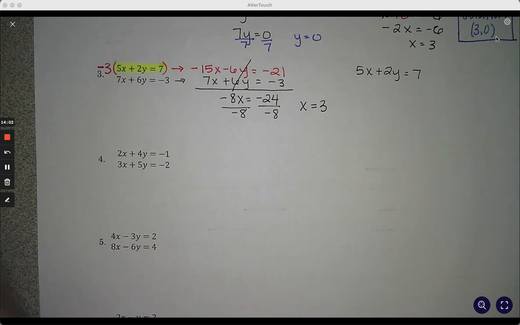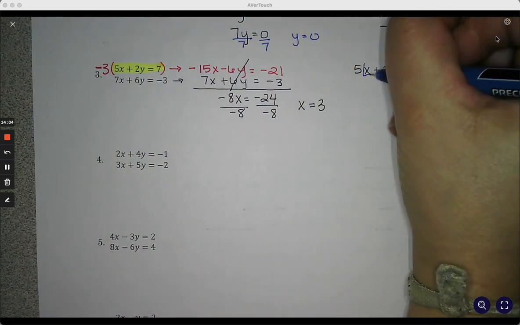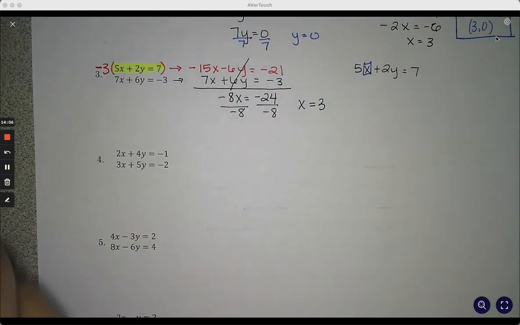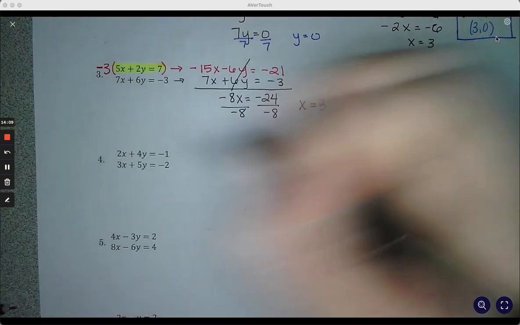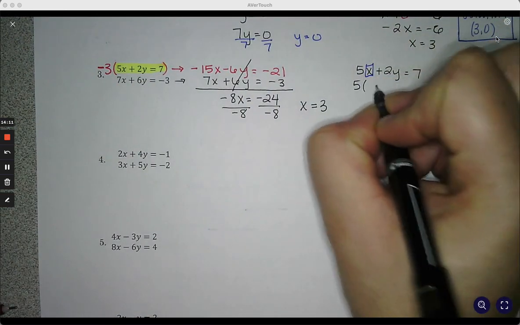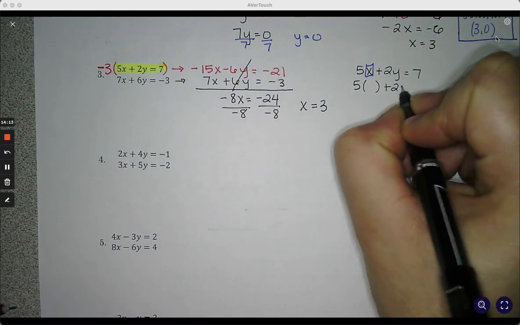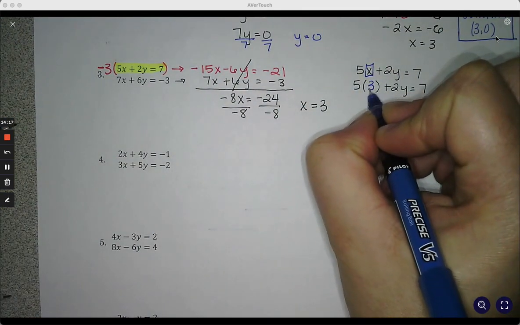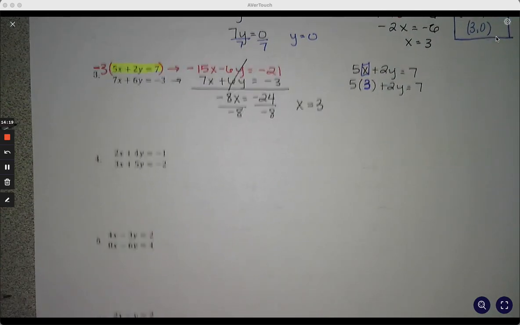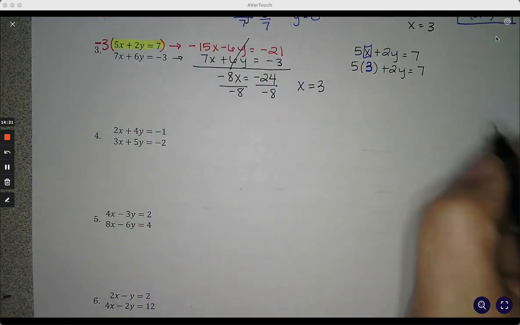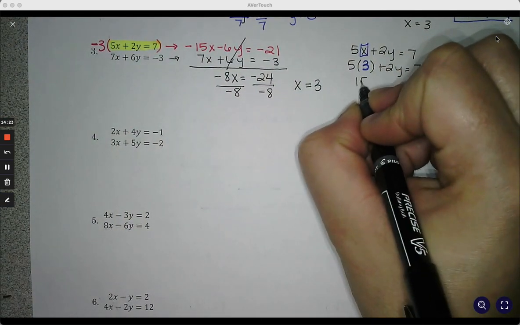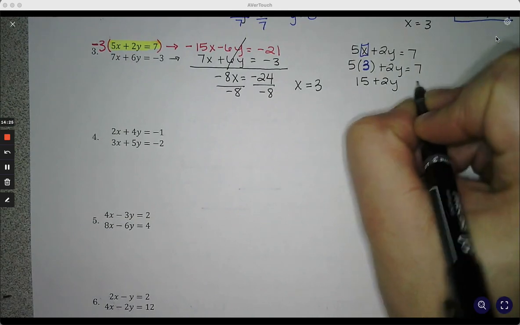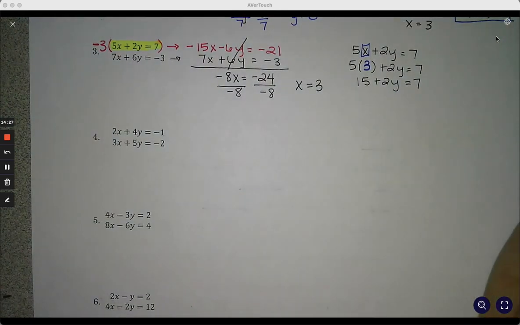And I'm going to make sure that it takes the place of that x right there. Okay, so we're going to have 5, which is 2y equals 7. So this is going to be a 3. Okay, so we have 15 plus 2y equals 7.